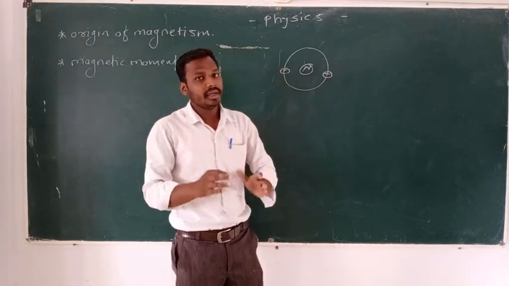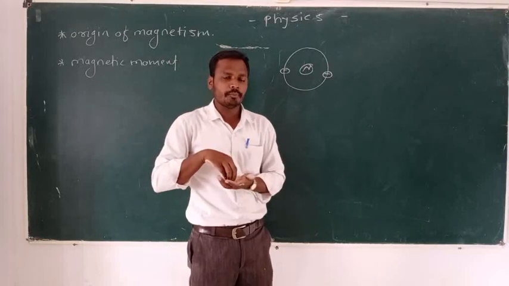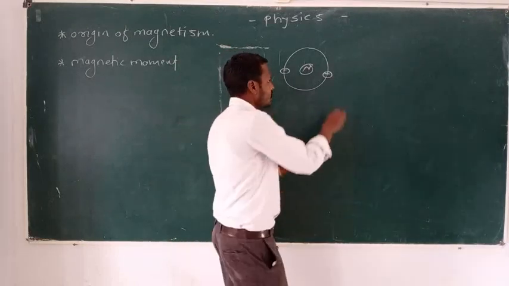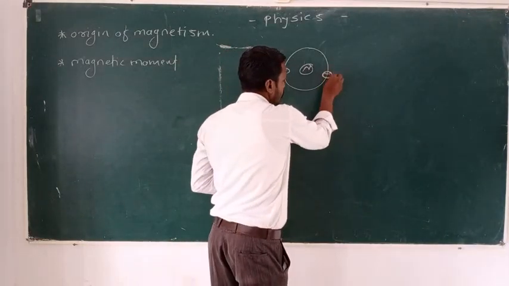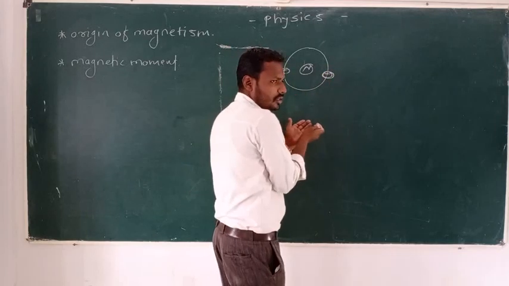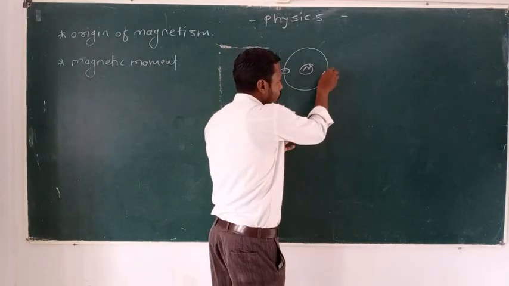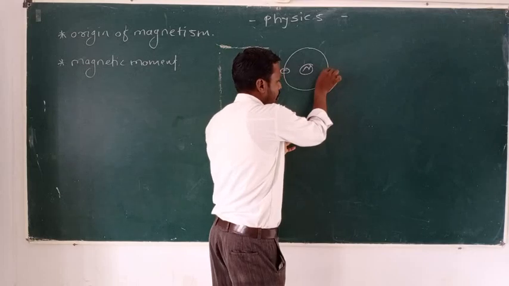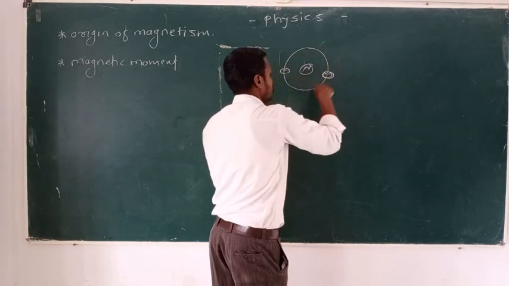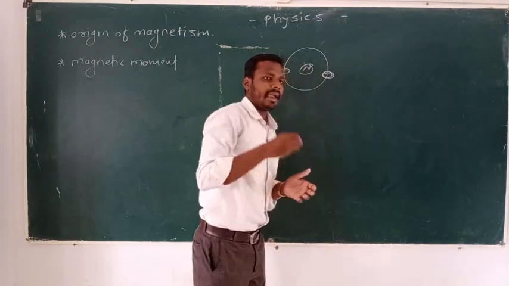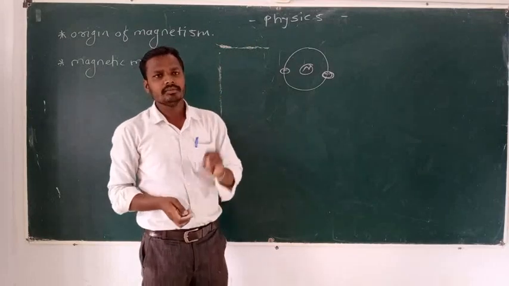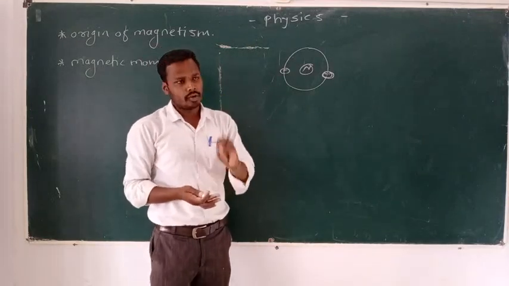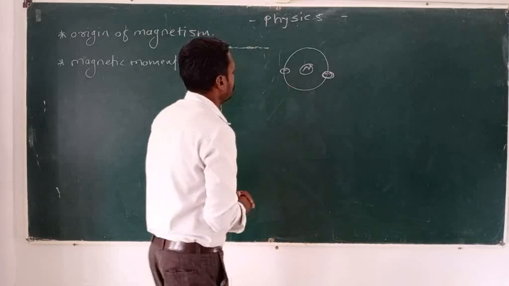If any charge is in motion, it produces magnetic field. Due to the motion of the electron, which has a specific charge, the magnetic field is produced around that nucleus. That is, the magnetic field is produced in the atom due to the motion of the electrons. This is the origin of the magnetism.